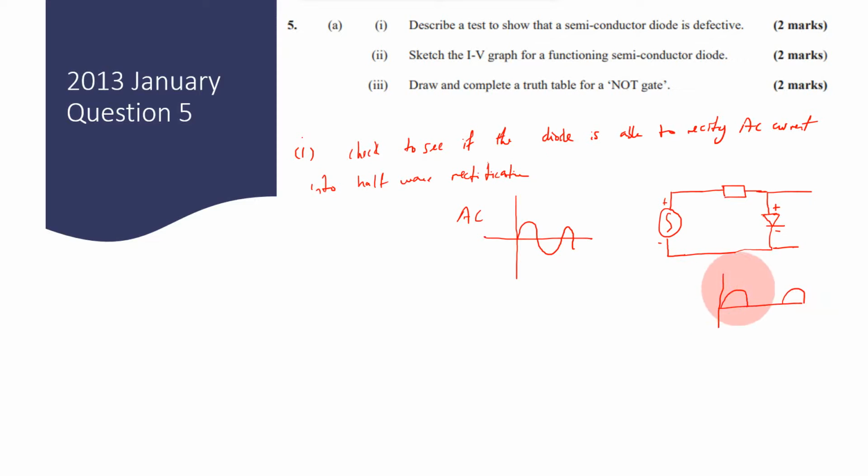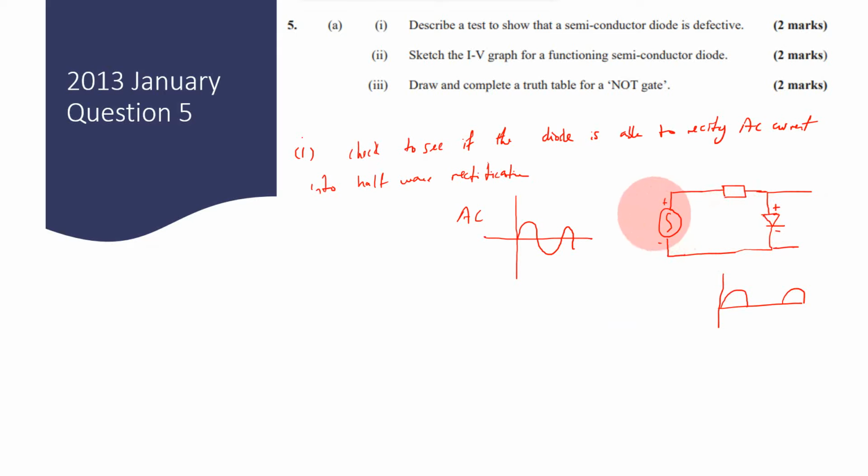So that's pretty much one way in which we could look at it. Or we could set up a circuit that switches between a forward bias and a reverse bias configuration of the diode. There are two general modes a diode can be in: forward bias or reverse bias.